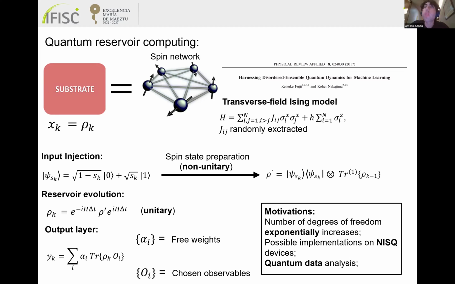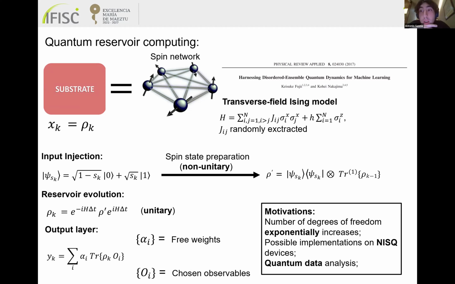No, I'm not claiming an advantage, because I know that there are formal theorems that ensure that the more degrees of freedom you have in a reservoir, the better the performance. But in this quantum case, we're not sure if all these expectation values, all these components of the linear combination, are really linearly independent if we have a finite number of measurements.